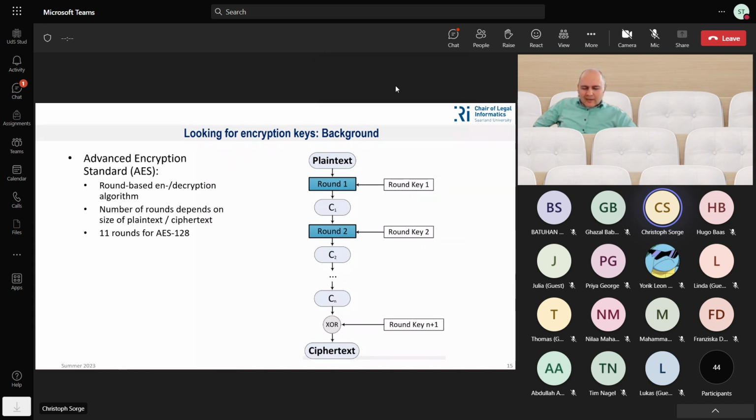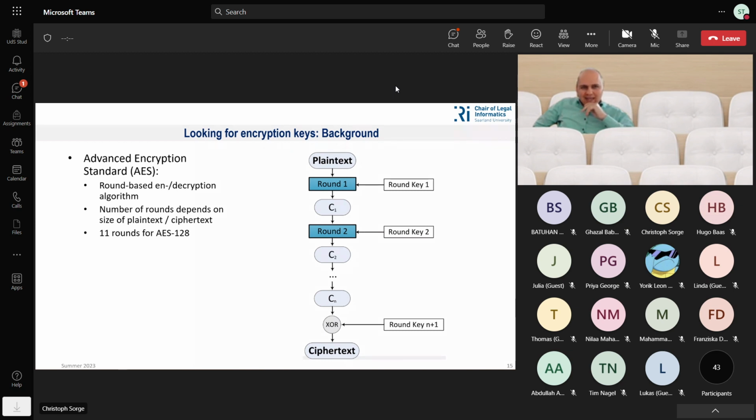Or you might have found an encryption key, but there might be some flipped bits in there and you can reconstruct the original key. Most commonly for symmetric encryption, we use AES, with 128, 192, or 256 bits.